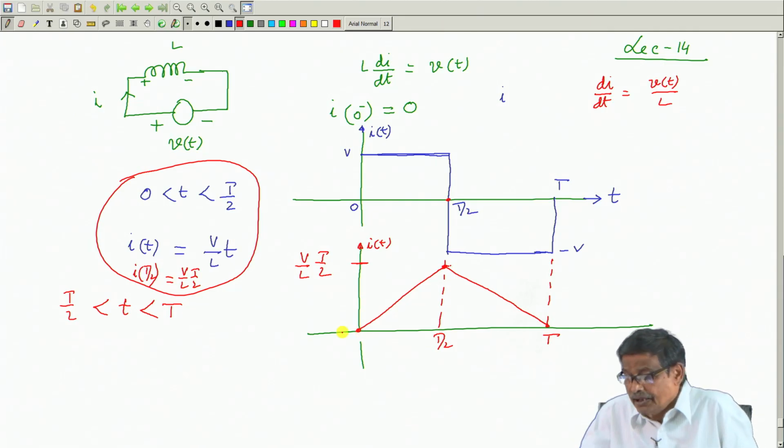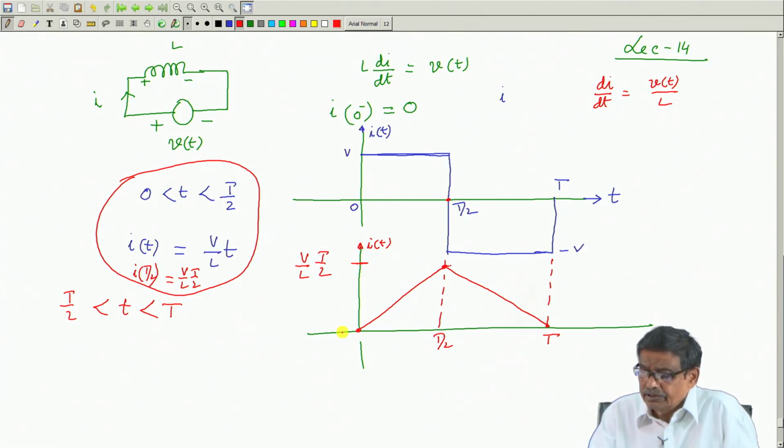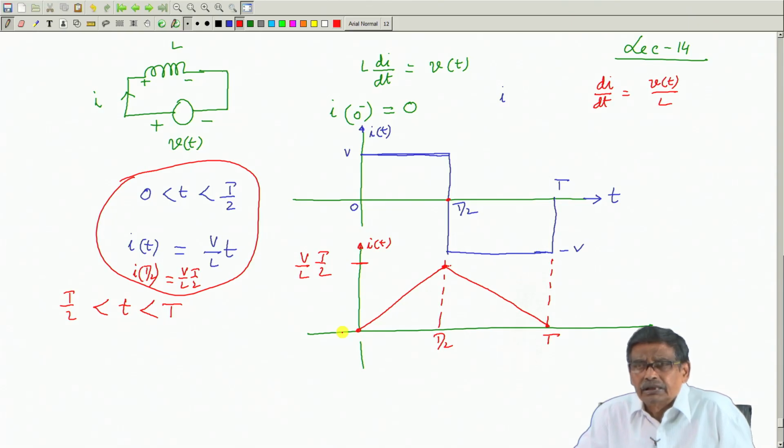Why will it be 0 at t equal to T? Mathematically you will get it. Write down the expression, put t equal to T; this I leave as an exercise to you. Rather, I will tell you physically what is happening.